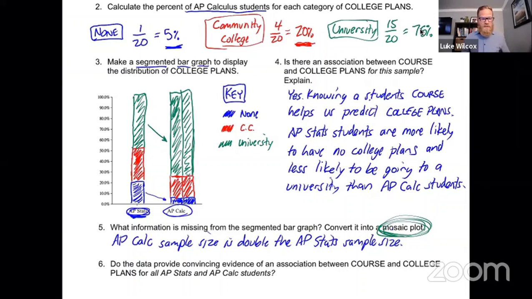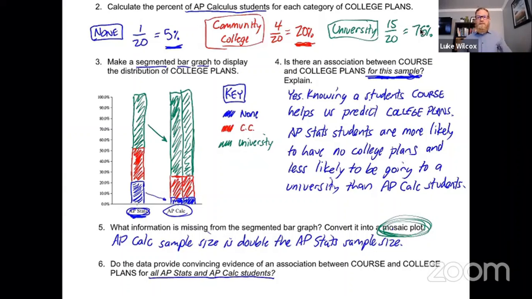Okay, final question here. Number 6, do the data provide convincing evidence of an association between course and college plans for all AP Stats and AP Calc students? Now, that sounds like a question we've already answered here, right? Number 4, but if you look closely, there's a difference in the wording here. In number 4, we were asked about college plans for this sample, or for these 2 samples, whereas in number 6, we are asked for all AP Stats and AP Calc students, right?